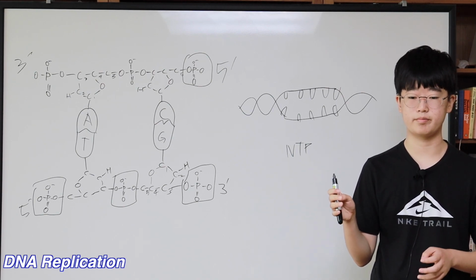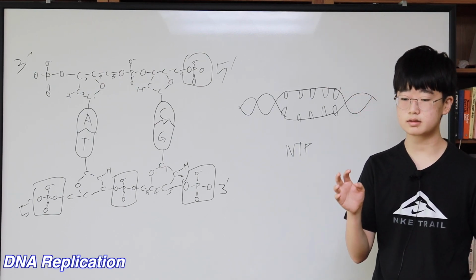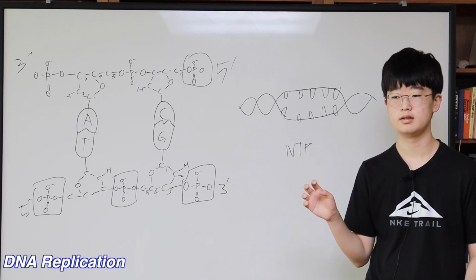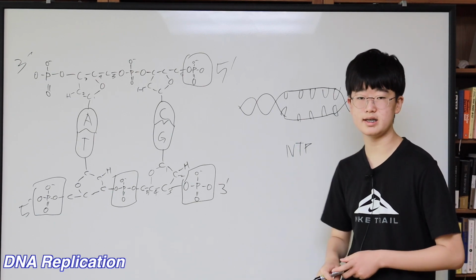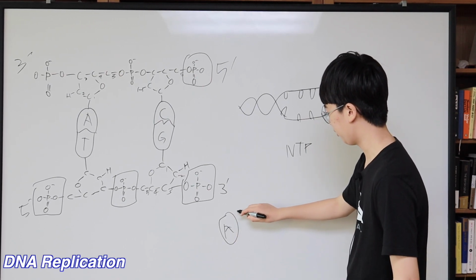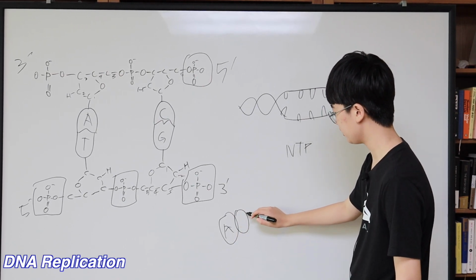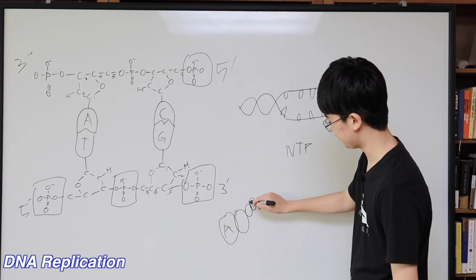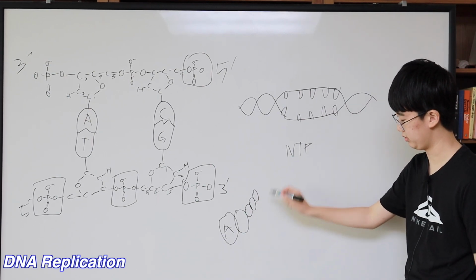ATPs are different in a way that ATP is adenosine, which is an adenine with a ribose attached to it with 3 phosphates right next to it.